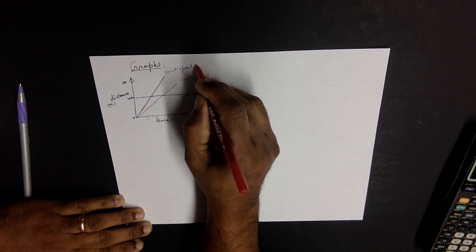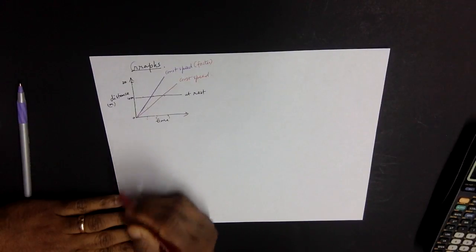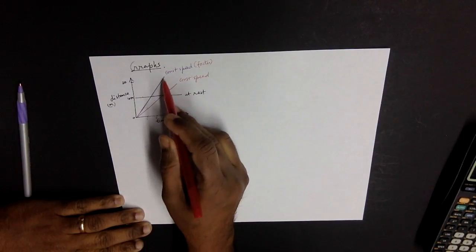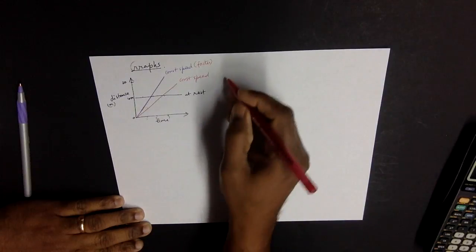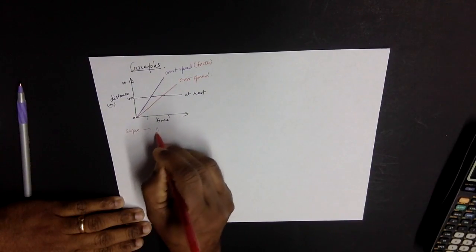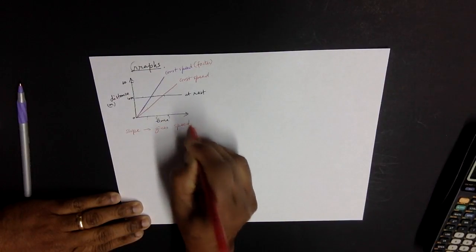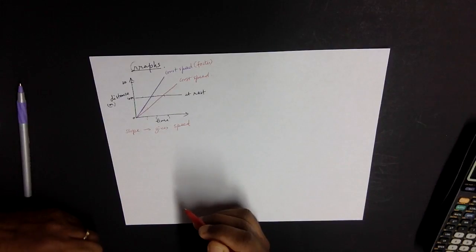It's a constant speed and it's faster. And how do you know if it's faster or slower? It is the slope of the line. Slope of the line gives speed.